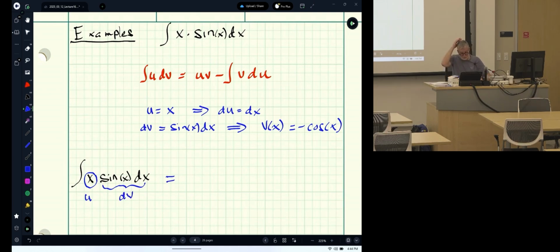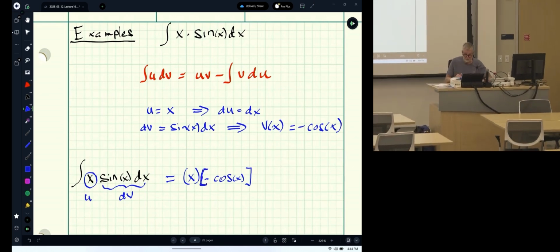So it's going to equal u times v. So the u is x, and the v is minus cosine of x. Maybe this will be more clear if I turn that into a square bracket.